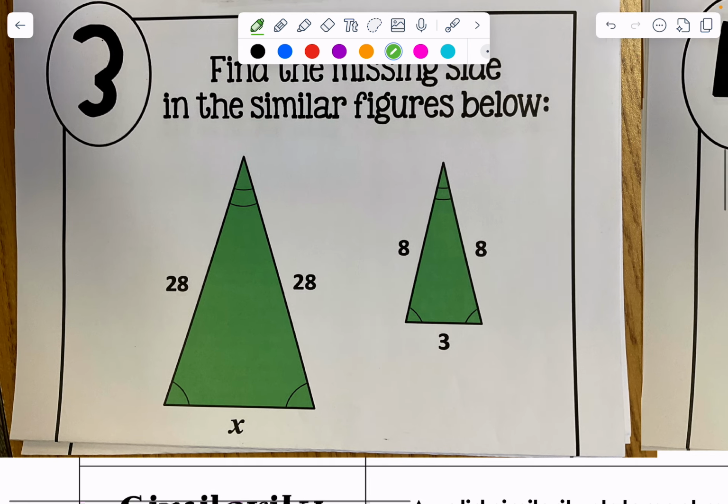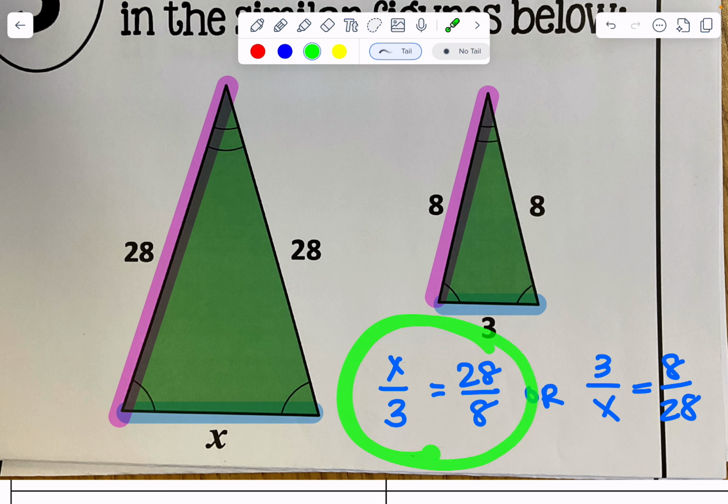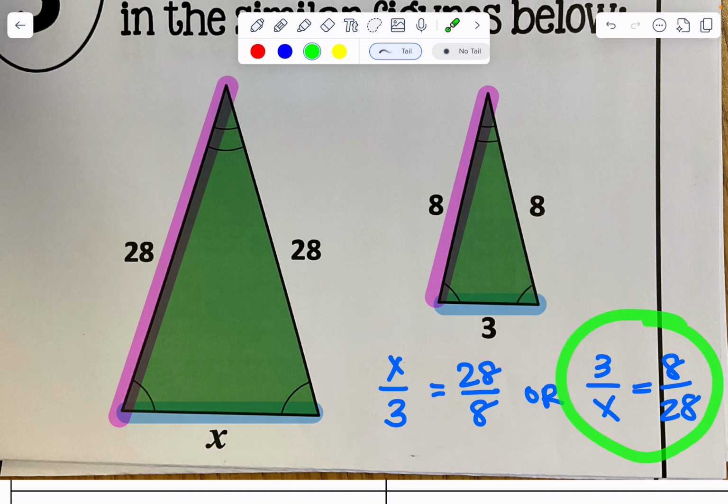So we can set up either X over 3 equals 28 over 8, or you can set up 3 over X equals 8 over 28. In the first setup, I went from the big to the small, big to the small. In the second setup, I went from small to big, small to big.